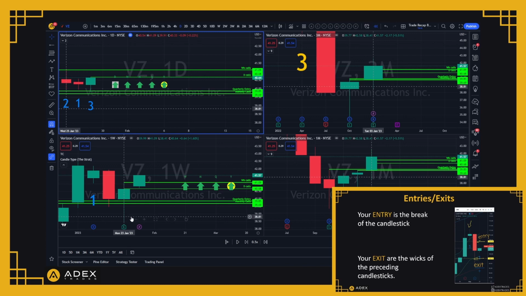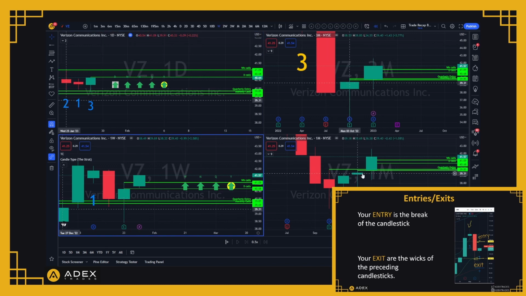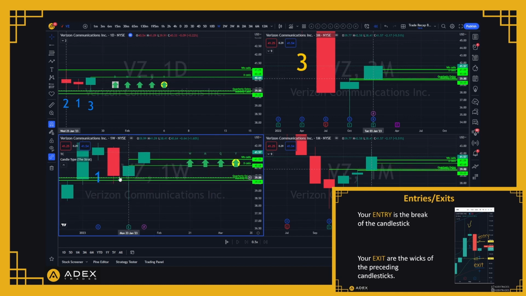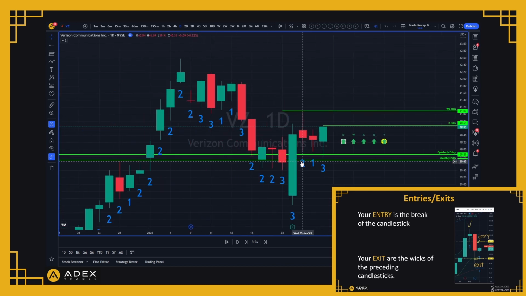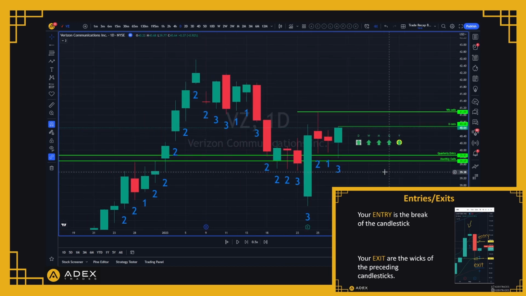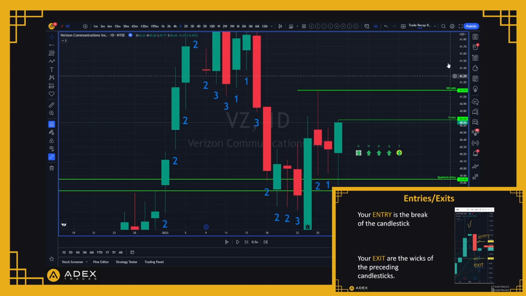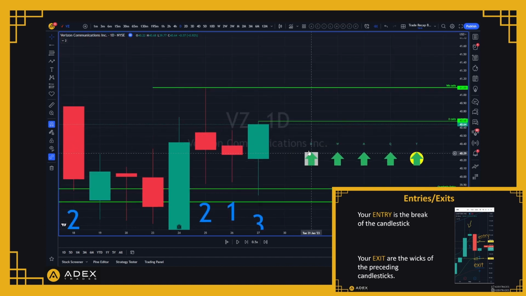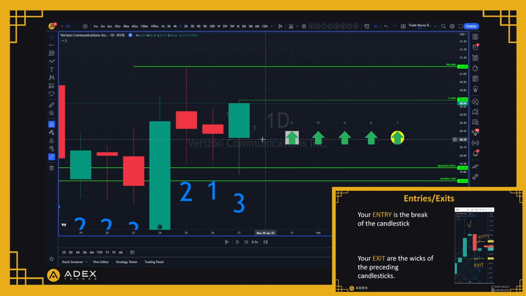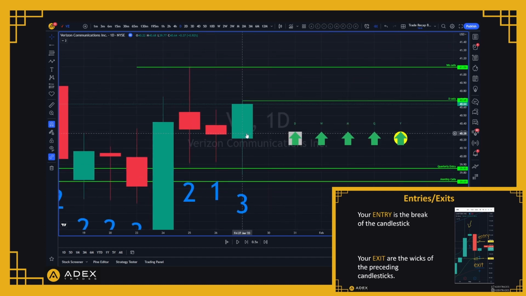It was a fail 2 down on the week. It already triggered a 1-3-2 up on the month, and it held that level because the weekly said we're holding this level. And so now you have actionable signals not only on the higher time frames, but on the shorter time frames. If you were to look at Verizon on the daily, and I were to ask you, hey, what is Verizon telling you based off this chart? Verizon opened at $40.22.